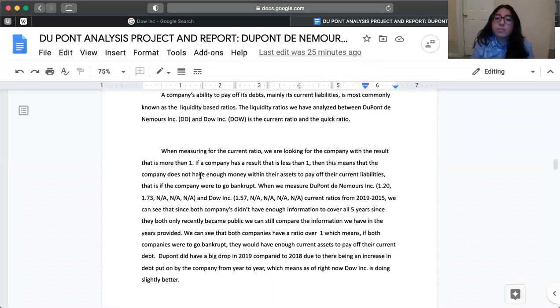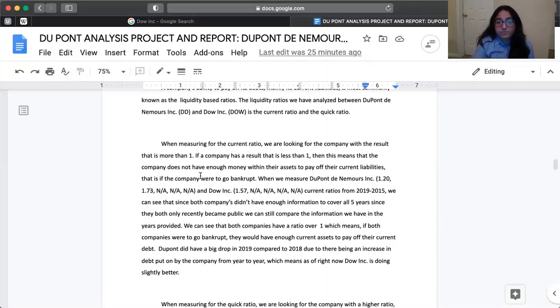We can see that both of the companies have a ratio over 1, which means if both companies were to go bankrupt, they would have enough current assets to pay off their current debt. DuPont did have a big drop in 2019 compared to 2018 due to an increase in debt put on by the company from year to year, which means as of right now, Dow is doing slightly better.